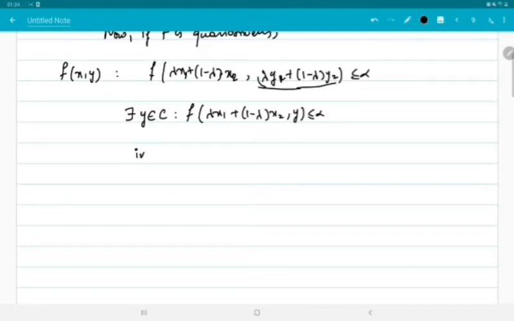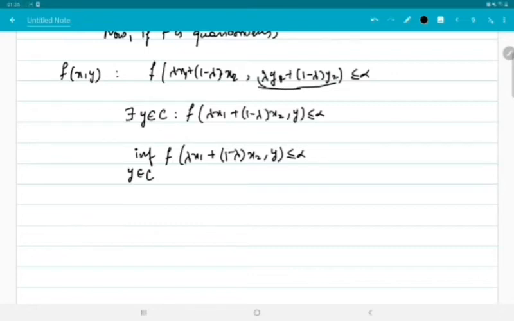This can be exactly translated into infimum of y in C f of lambda x1 plus 1 minus lambda x2 comma y less than equal to alpha. See, this is because if there exists a y such that this happens, then it will also happen for the infimum value, the y which gives the infimum.